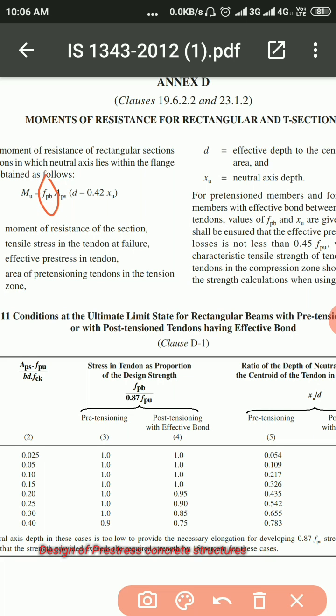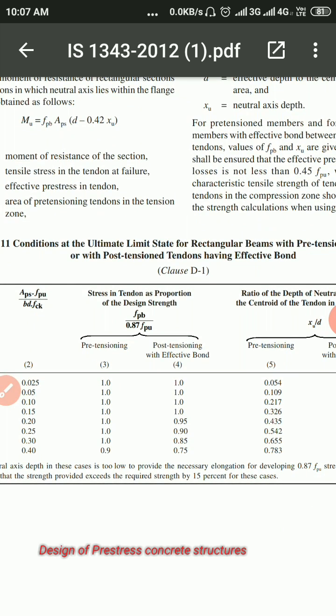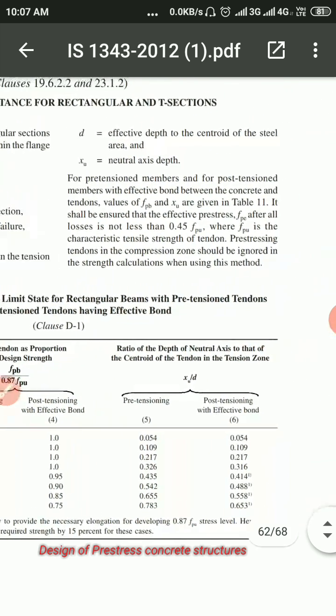Here the particular ratios are given, and according to that ratio we'll use the value of FPB and XU.